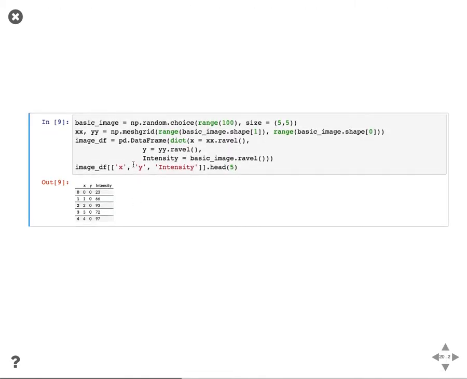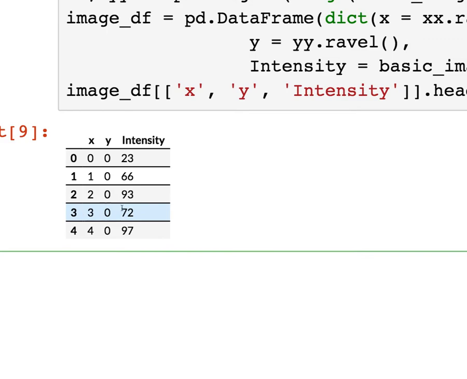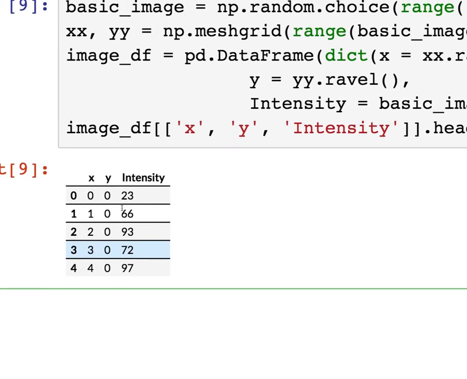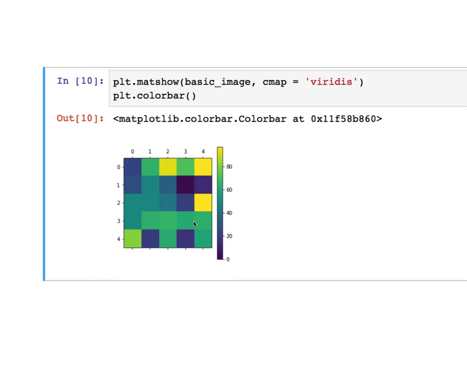And so here, if we look at a basic image, we have, wow, these things show up so small, a table full of points, and we have an X position, a Y position, and an intensity at each one of them. We can then render that as an image or as a matrix view, which is what we're much more familiar with looking at.